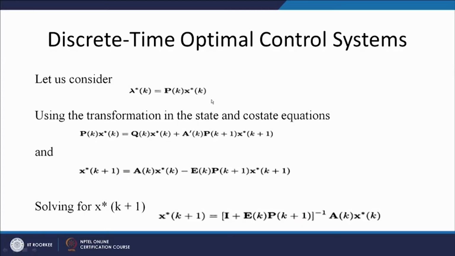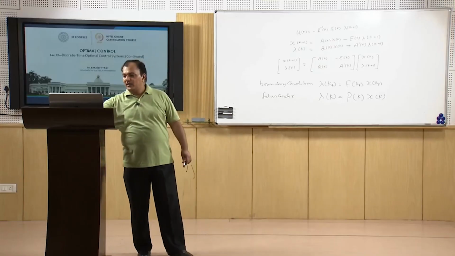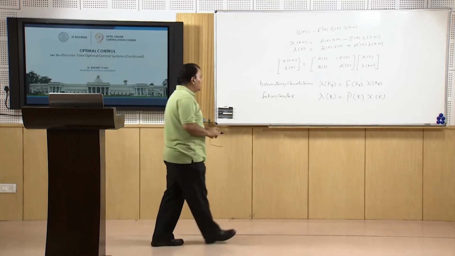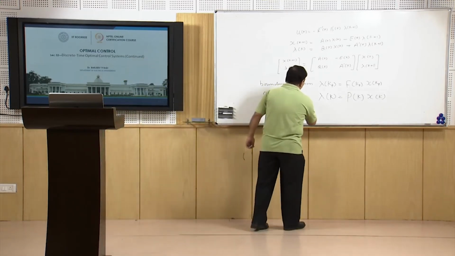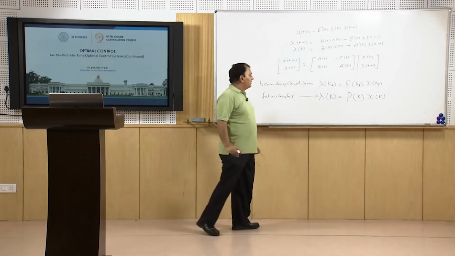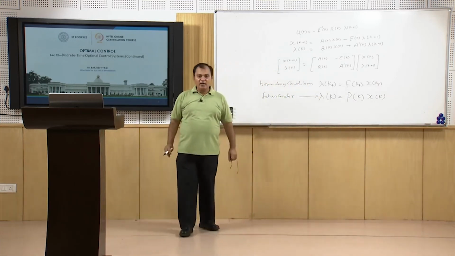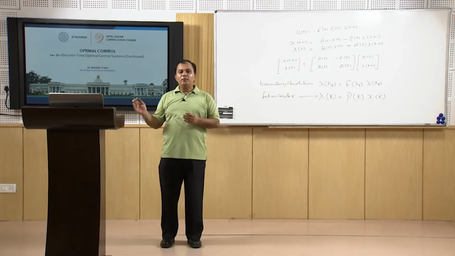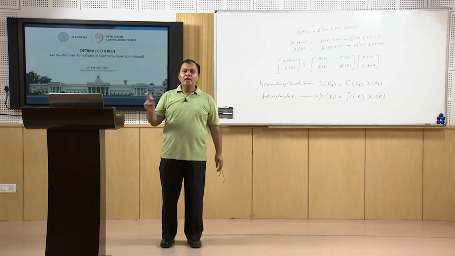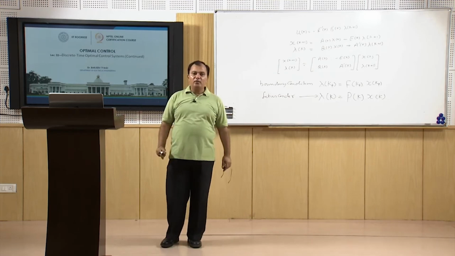So we can consider lambda star k equal to P k x k, and this will lead further to a Riccati equation. So I stop this session here with the consideration that we can consider lambda k as P k x k, and this can further lead to a matrix difference Riccati equation.